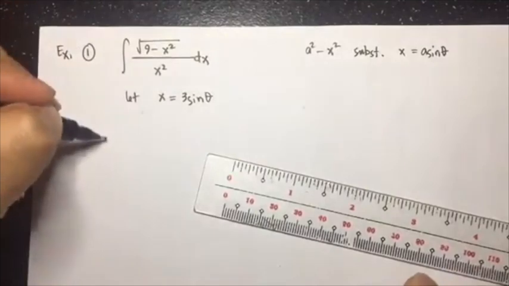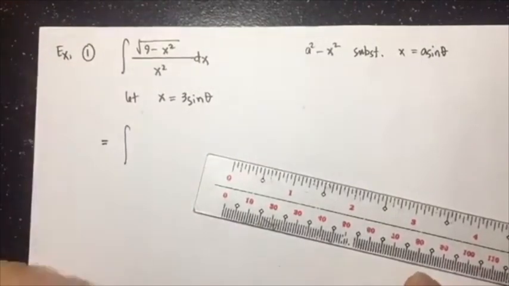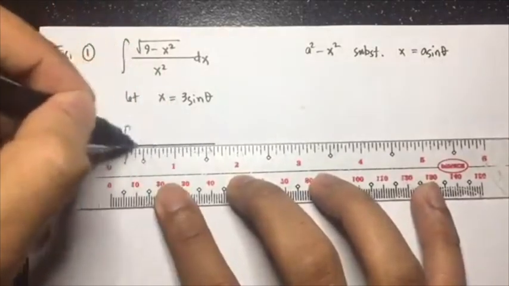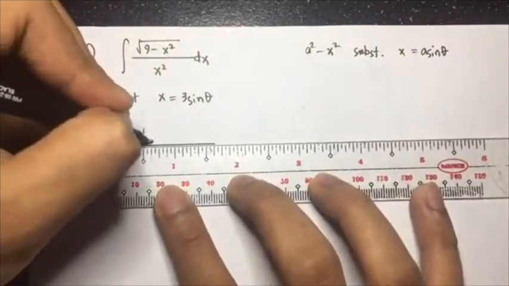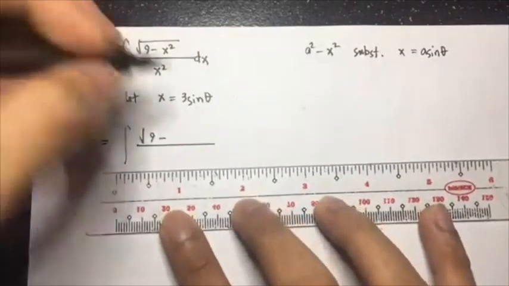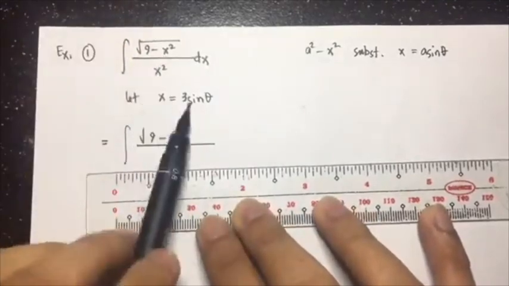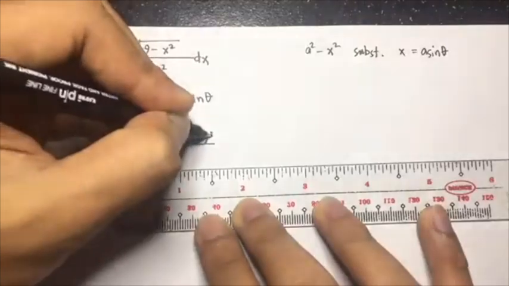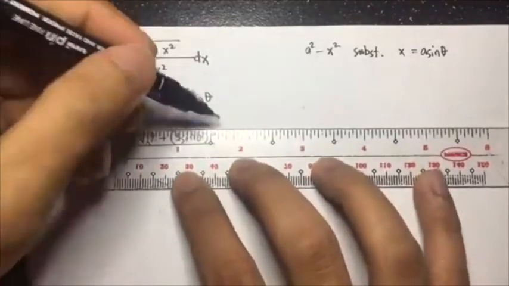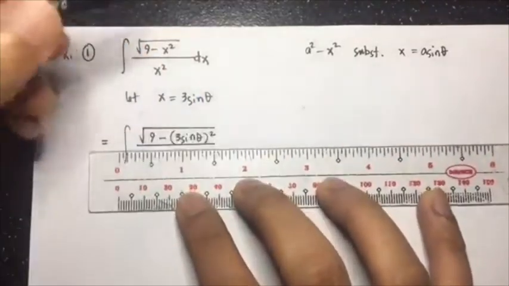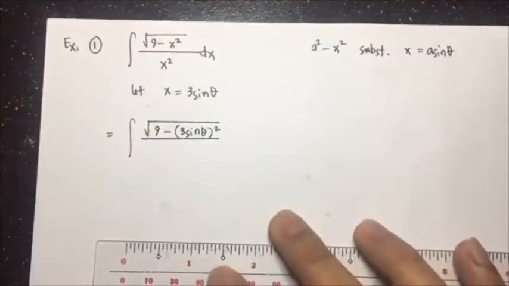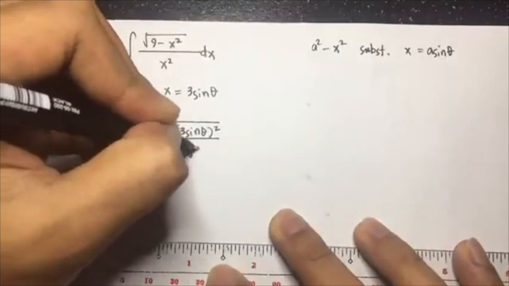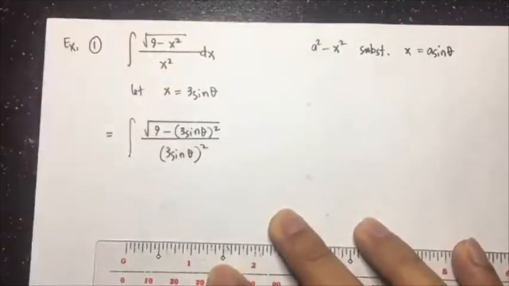Substituting that, our integrand will now become the square root of 9 minus (3 sine theta) squared, over x squared, so still (3 sine theta) squared.